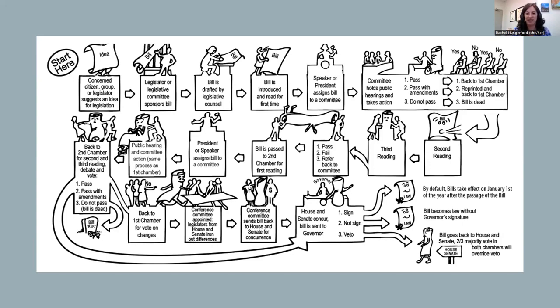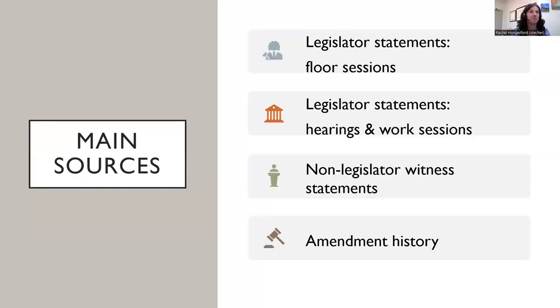Hopefully that is a helpful reference material whenever you do get into doing this type of research. If you're not quite sure about some of the pieces of this process, like what is a work session, what is the second or third reading of a bill, there's a section in that article on each of those things. So what are the main sources of legislative history that you're likely to be using in your brief or memo?